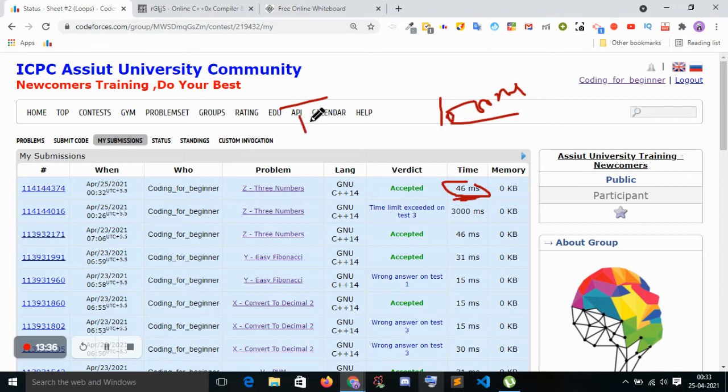We know that around 10 to the power 7 operations, we can do 1000 per millisecond, so you can multiply by 46 and compare with how many operations we do. From our observation we get around 9 into 10 to the power 6 operations, which is within a second. And you can check that the previous algorithm took more than 3000 milliseconds, which is why it got time limit exceeded.